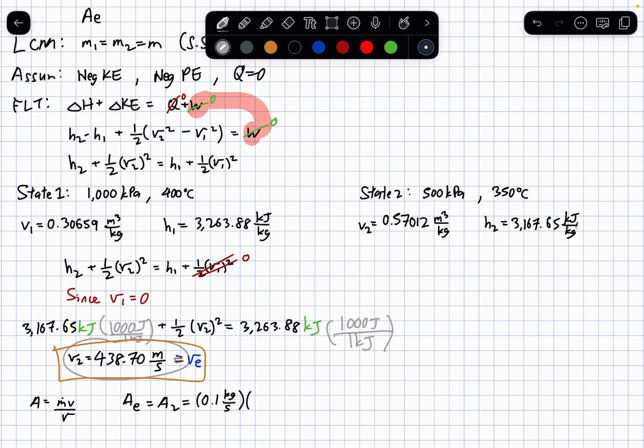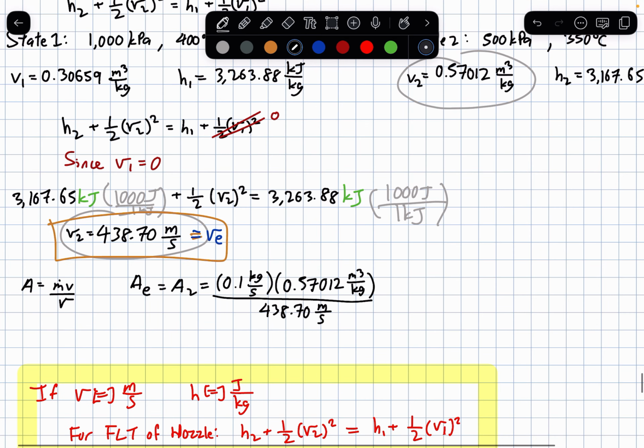This one, no? And then velocity, 438.70 meters per second.